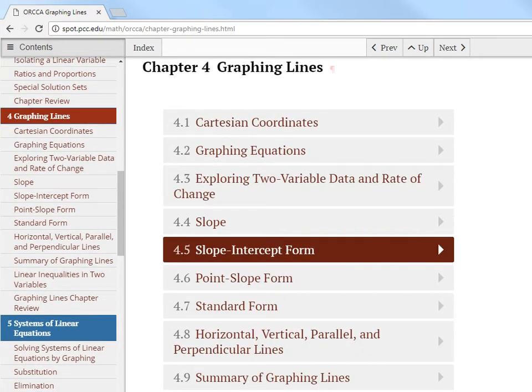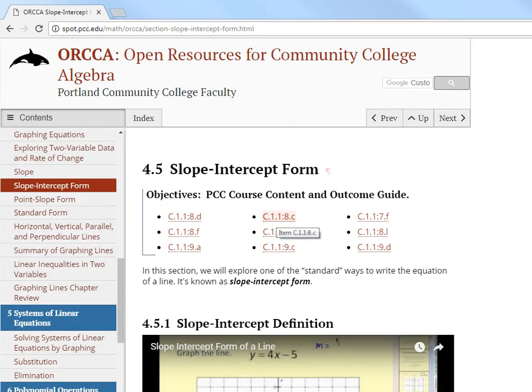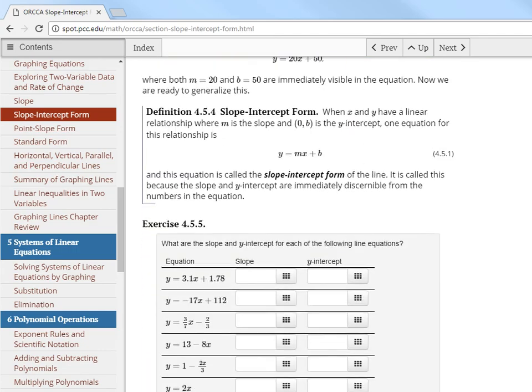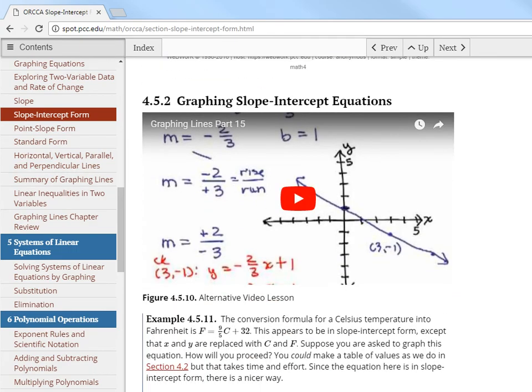Section 4.5 in particular covers slope-intercept form. There's a subsection here that is specifically what we were looking at there, though. So if we come down and we look at subsection 4.5.2, there are some examples, there's an embedded video, and more practice problems there.